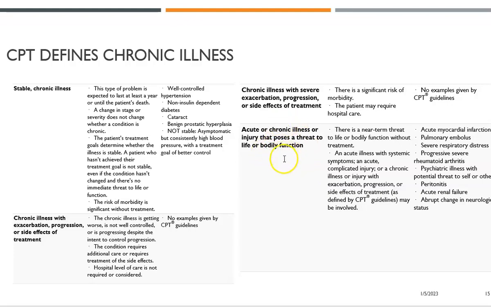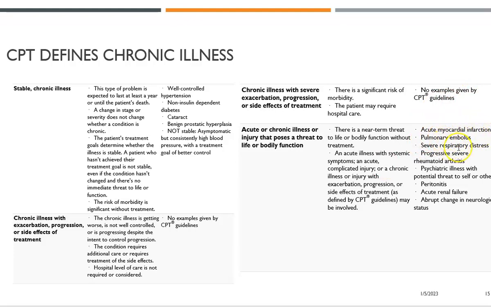And these are injuries that pose a threat to life or bodily function. So with these, there's a near-term threat to life or bodily function without treatment, such as an acute illness with systemic symptoms, an acute complicated injury, or a chronic illness or injury with exacerbation, like acute myocardial infarction, which is a heart attack, right?